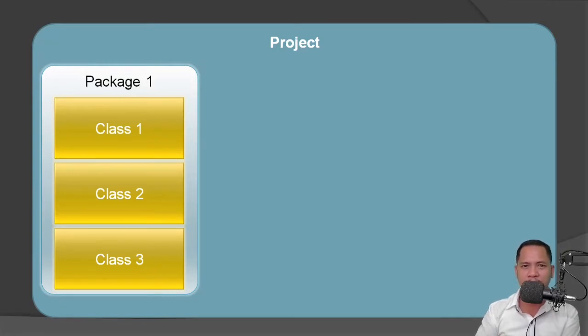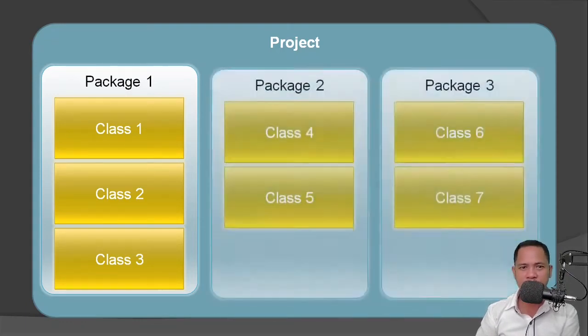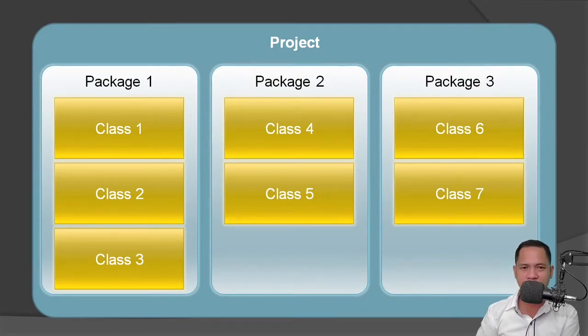So inside of a project is a package, and inside of a package will be classes. In a typical Java project, you will have several packages, and each of these packages may contain several classes. That is the structure of a typical Java project.